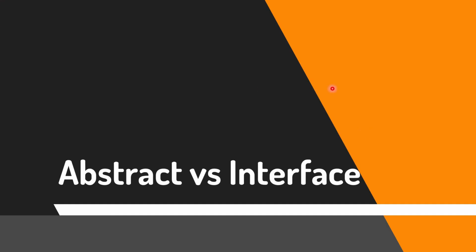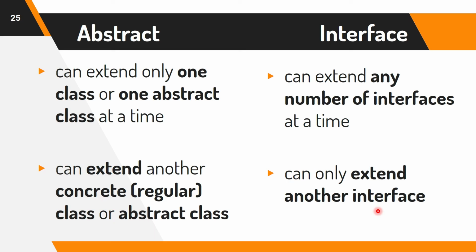And lastly, we have the summarized difference between an abstract and interface. So an abstract can extend only one class or one abstract class at a time, while for interface, it can extend any number of interfaces at a time.